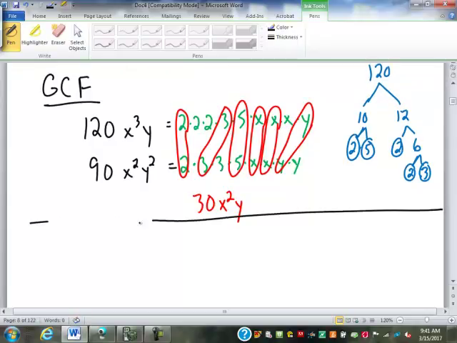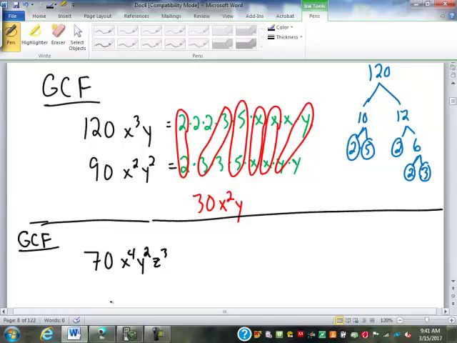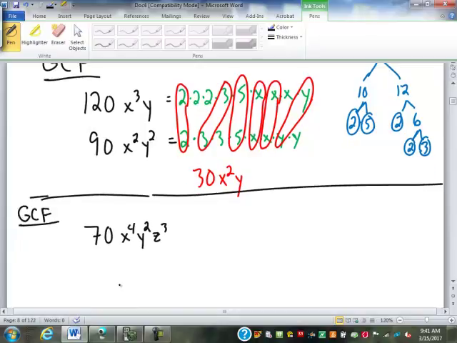Now we try to find the GCF of 70 x to the fourth y squared z to the third, and 50 x squared y to the third z.